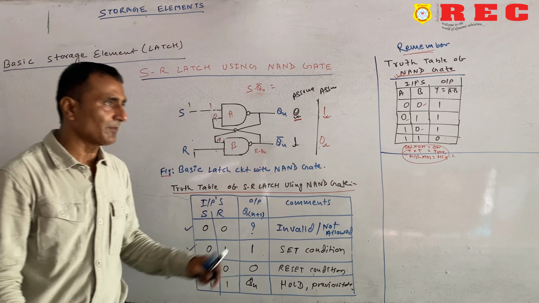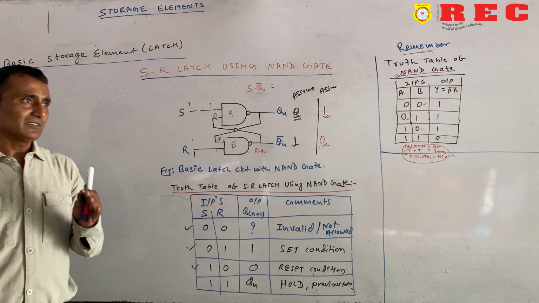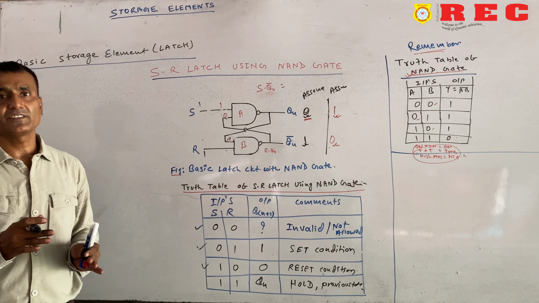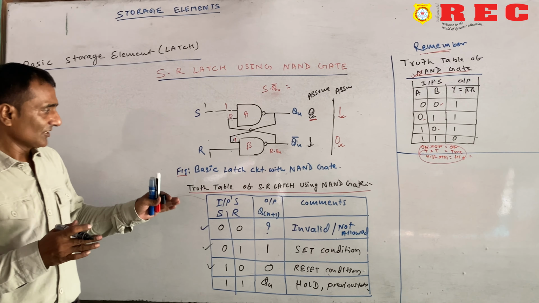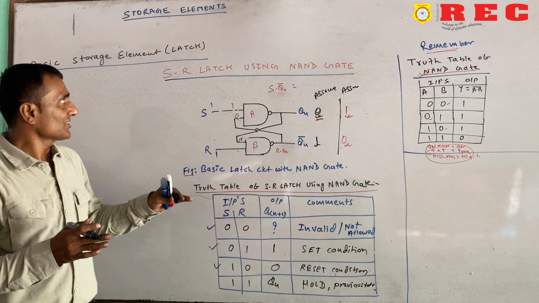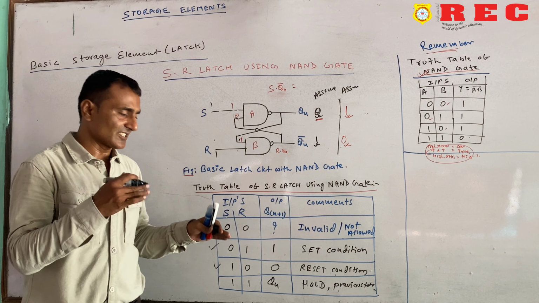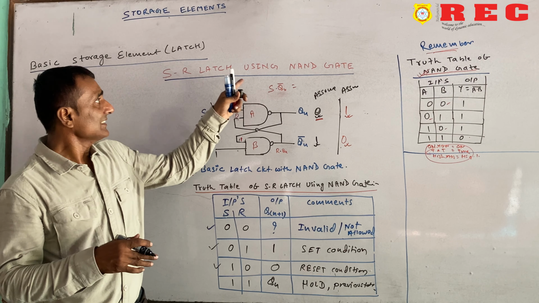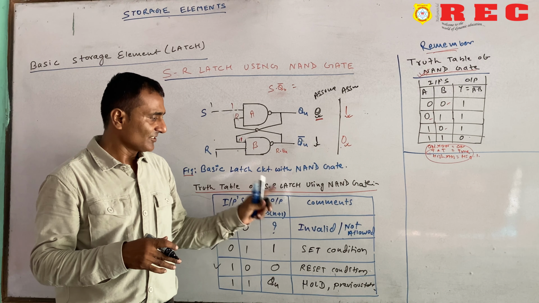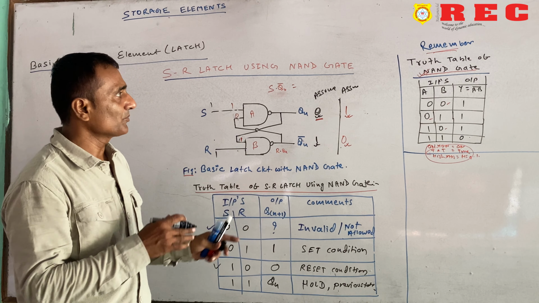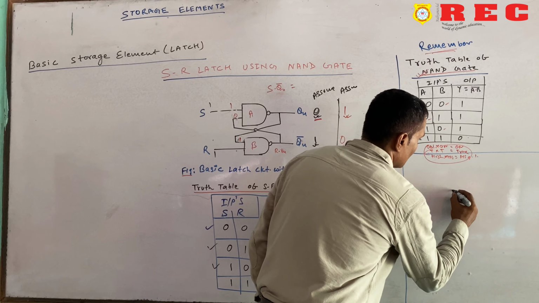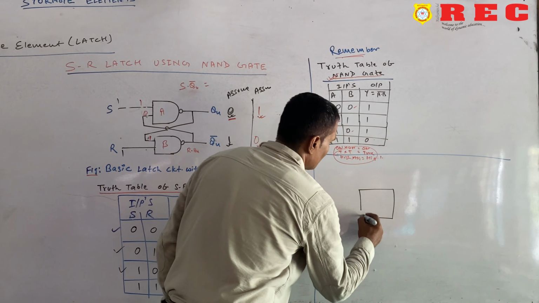If you see this table, you will see that this is just the opposite of the NOR latch, whatever we studied in the last lecture, the SR NOR latch. This is the NAND, so this is just the opposite. And lastly, we should know the graphical block diagram.